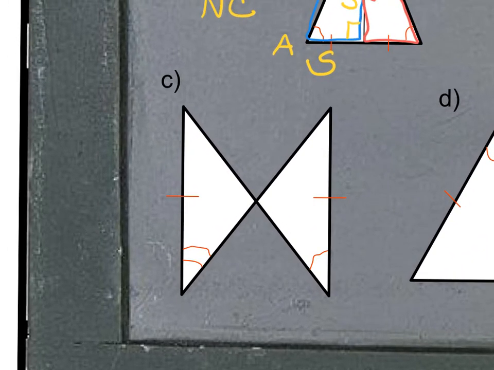Now remember, anytime you have something like the bow tie, you can always label the vertical angles. Those are congruent. Let me give them different markings. Now, I need to see if there's enough information to prove that these are congruent. Right now, I've got a side that's marked. I've got an angle, but these 2 angles don't have the same marking, so they're not congruent to themselves.